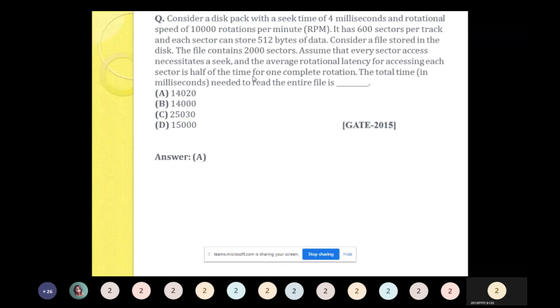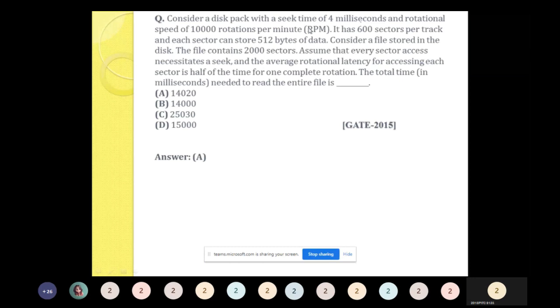Read the question clearly. Consider a disk pack with a seek time of 4 milliseconds and a rotational speed of 10,000 rotations per minute. That is, seek time is 4 milliseconds and the RPM value, rotations per minute, is given.